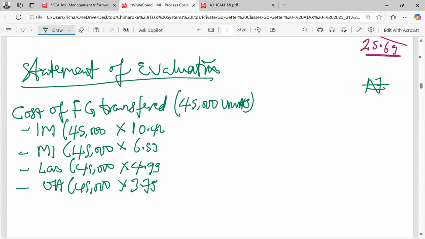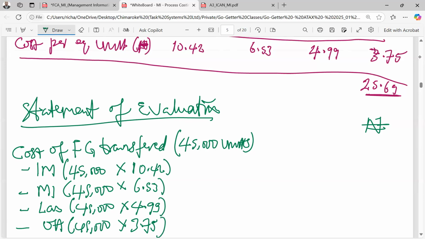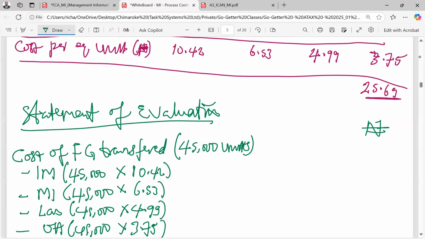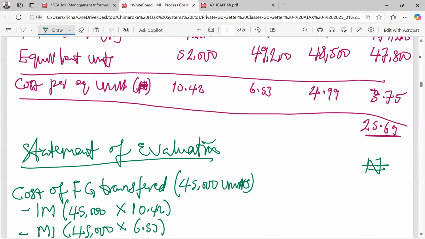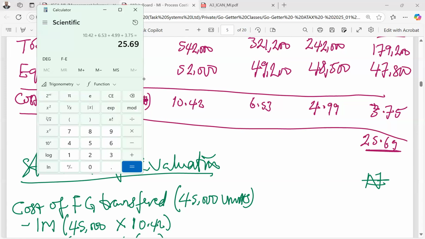Now, if you can recall, these figures were approximated figures. So for me not to run into problems, I'm going to derive them the way they were derived, and take everything in my calculator. How did I get this 10.42?